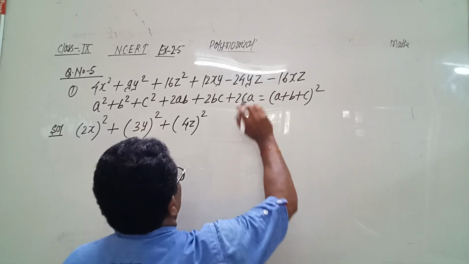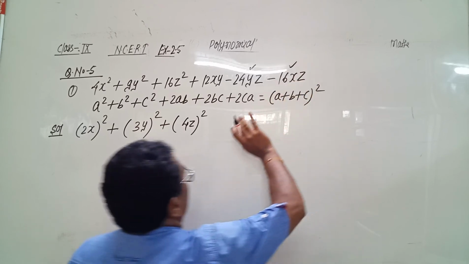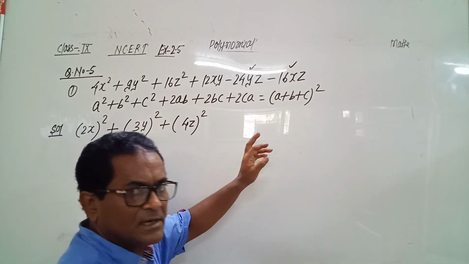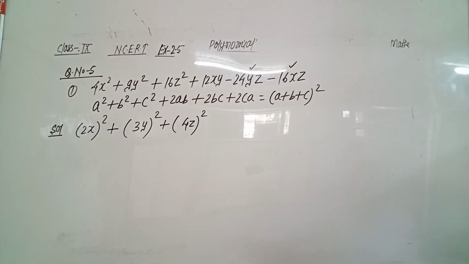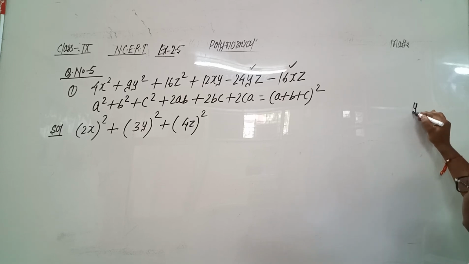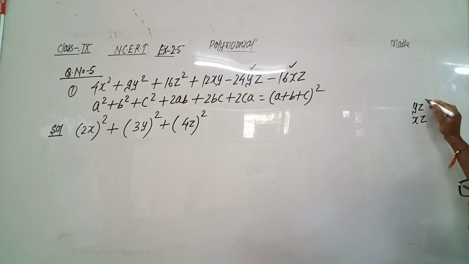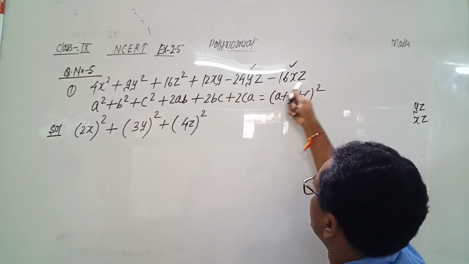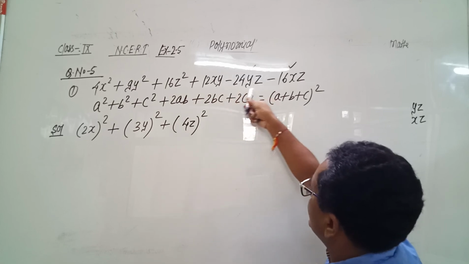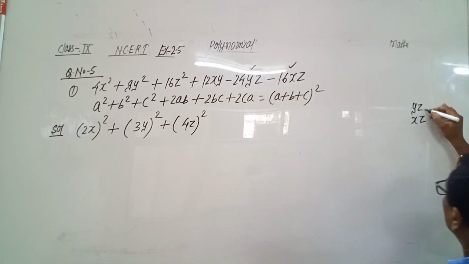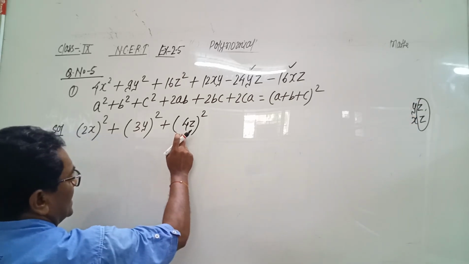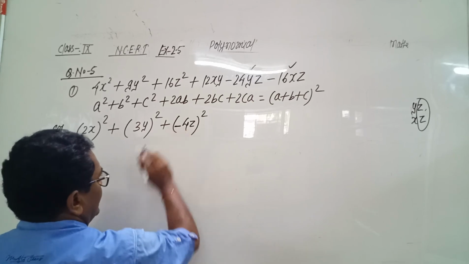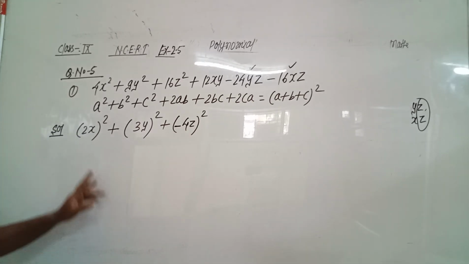There are two negative terms: one containing yz and the other containing xz. In both the terms, z is common. So the term containing z, we put the sign minus.